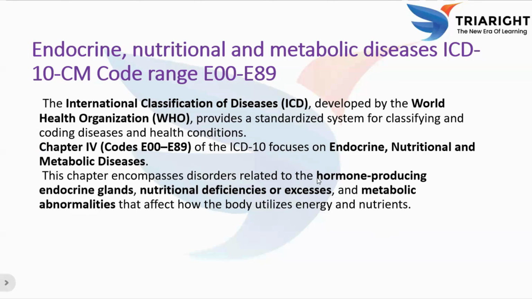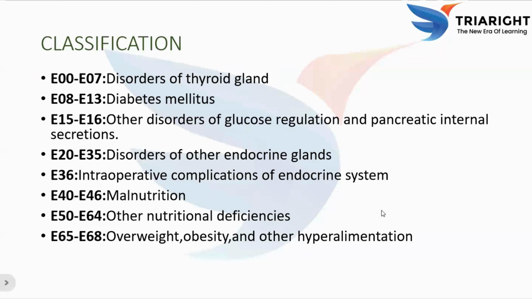So let's go into the classification. This slide explains how the ICD-10-CM system classifies different endocrine, nutritional and metabolic disorders into specific code ranges. Each range covers diseases related to hormones, glands, metabolism or nutrition. The first classification, E00 to E07, disorders of thyroid gland.